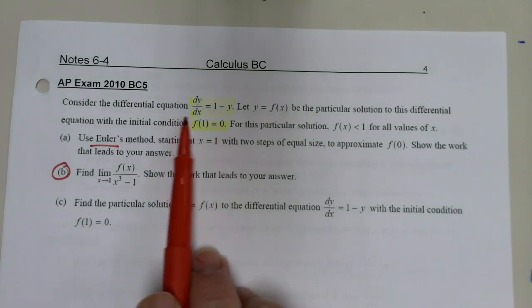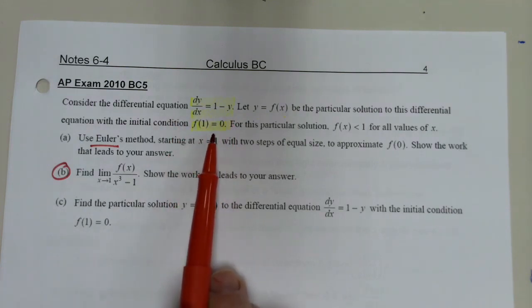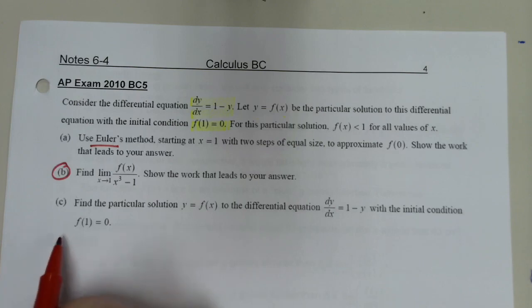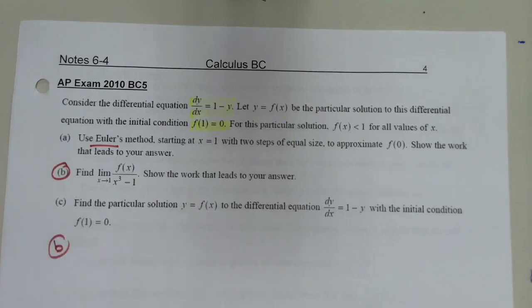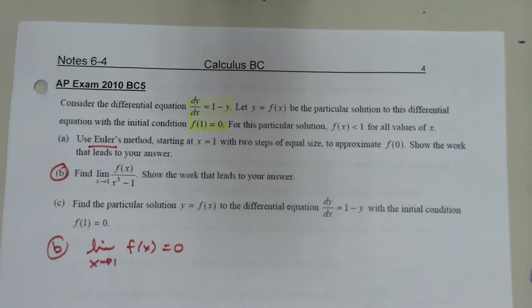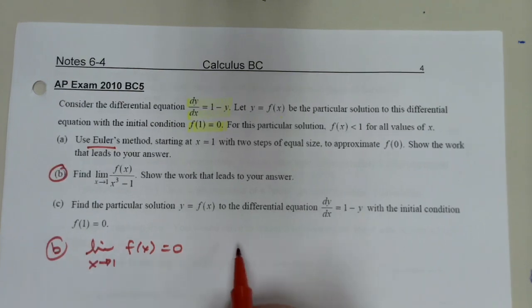Because we know it's continuous and f of 1 equals 0, we can state, and again, we need those two conditions in order to apply this, we can state that the limit as x goes to 1 of f of x equals 0.